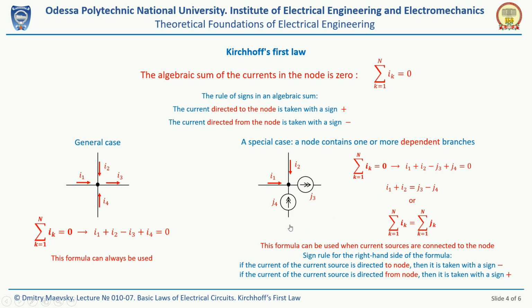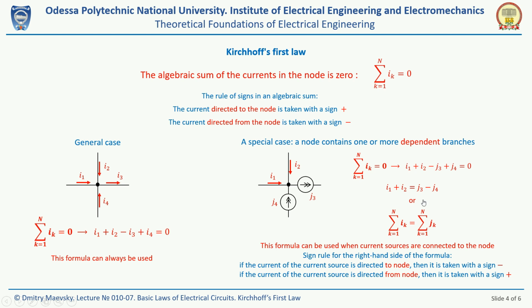Current source number 4 enters the node, so we write its current with a plus sign. However, these two currents are known and we can transfer them to the right-hand side of the formula as shown here.